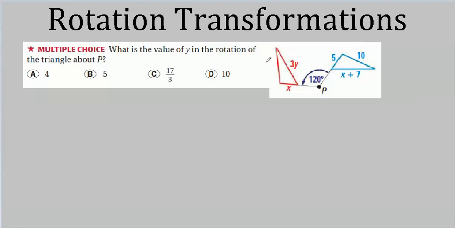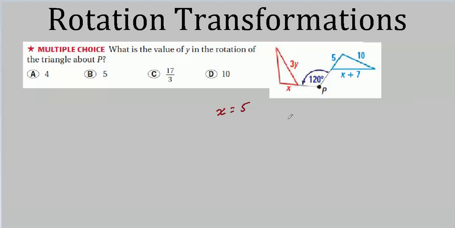So what does that mean? Well, we just have to figure out corresponding sides. Well, I think that 3y, this side here, corresponds to this one. This side here corresponds to this side. So we can write that x equals 5 from this.